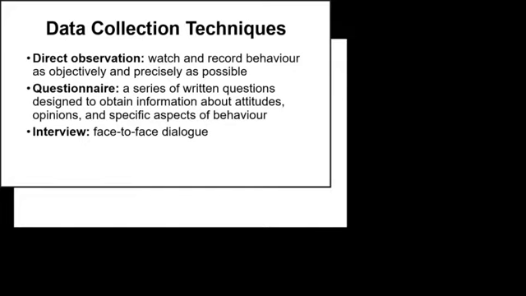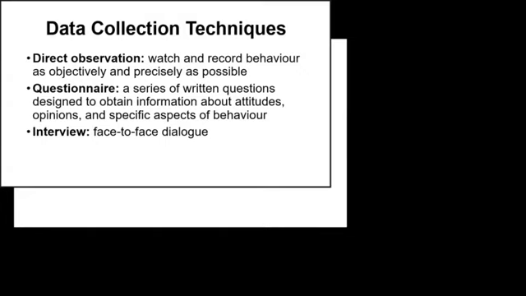Now, from the title alone, it's sort of implied that this has to be done in person, like you have to sit and watch something happening, but that's not always the case. Nowadays, it's a lot more common to use something like a video camera, or a microphone, or some other kind of sensor to collect that data remotely, because then you don't have to be in the same room.